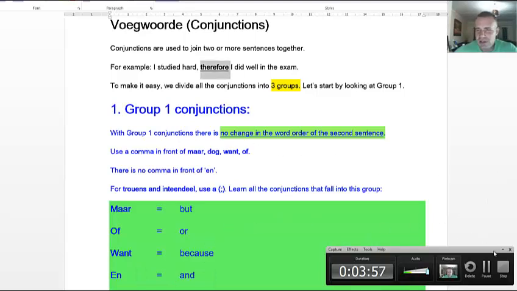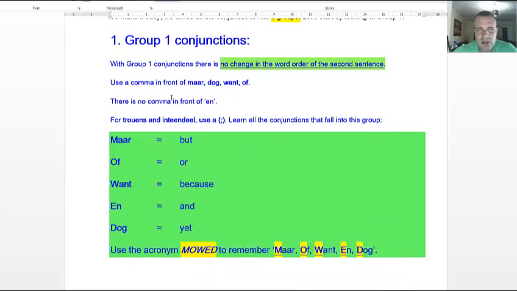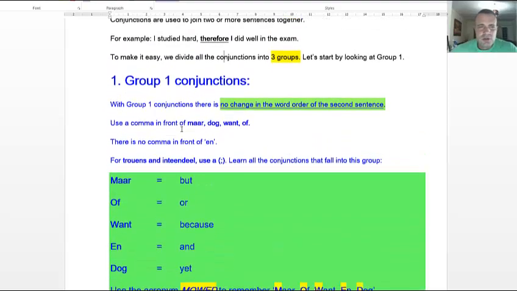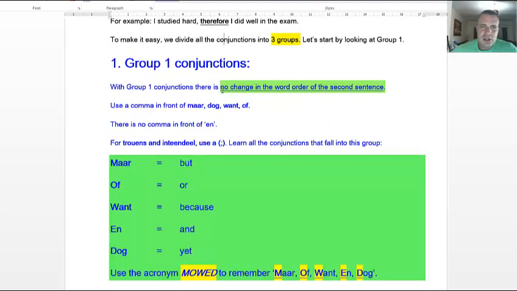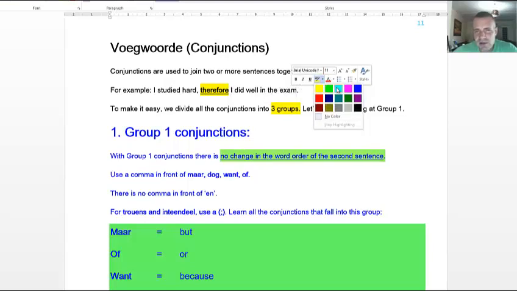Cool. So let's look at group 1 conjunctions, and these ones are the easy ones. You might already know a little bit about conjunctions. So it says here, with group 1 conjunctions, there's no change in the word order of the second sentence. So after you use the conjunction, let's say that was a group 1 conjunction, there's no change in the word order in that sentence over there.